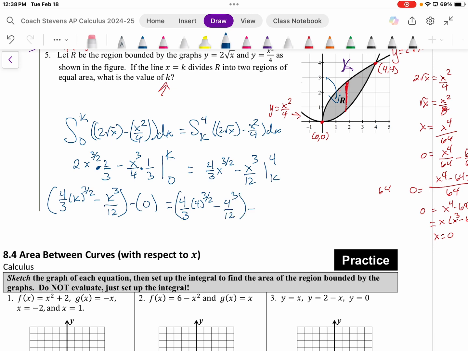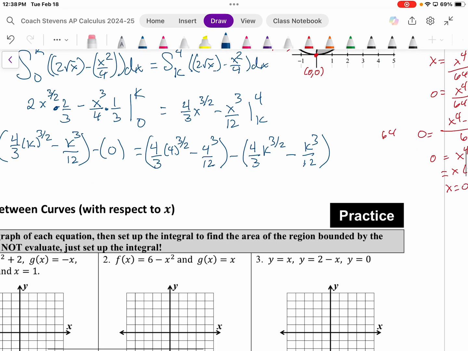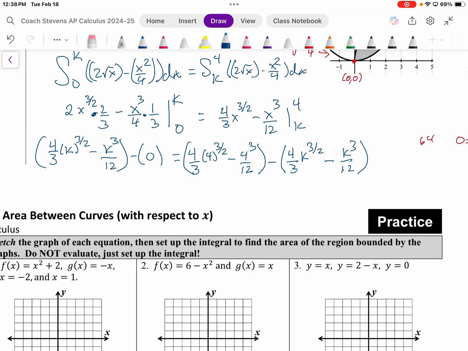Now that is being subtracted by, putting the k in there, 4 thirds k to the 3 halves minus k to the 3rd over 12. Woo, doggy. So the left side stays the way it is.